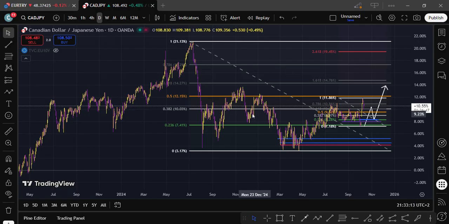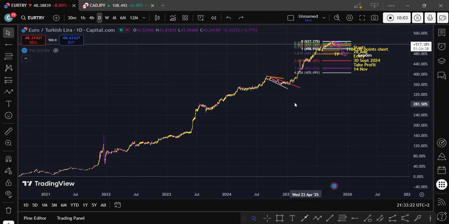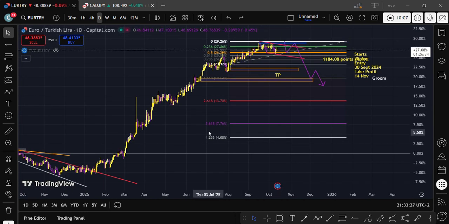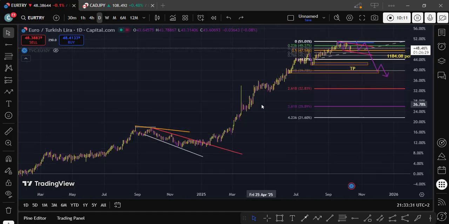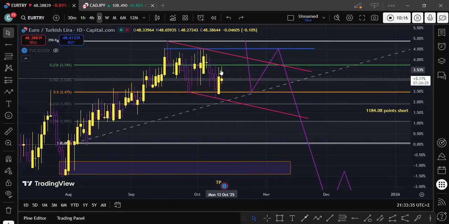The CAD is not exiting the recession. It's not there yet, but it's about to get there. But because the JPY is getting weaker and weaker, that's why we believe that we might be getting that weakness that we're looking for. So that volatility index spike really gave me some goosebumps.